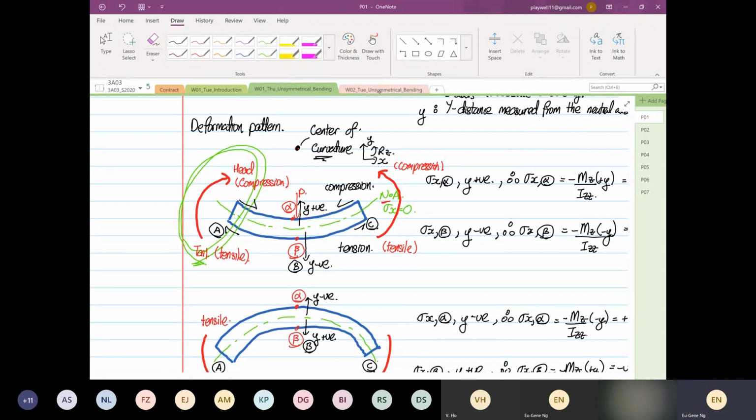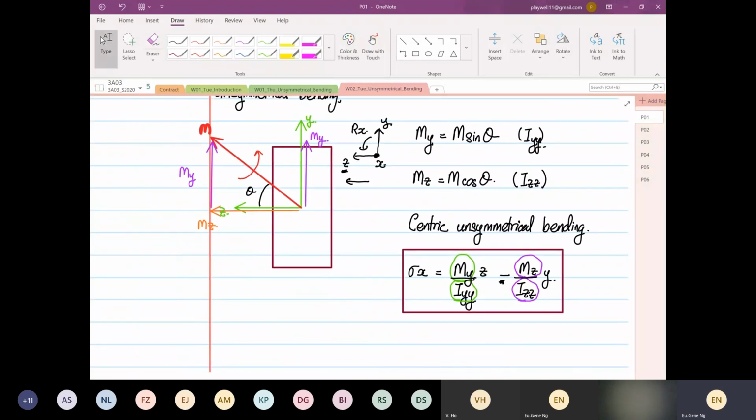So you use your right hand rule now. Let's focus on MZ. So right hand rule, MZ, when you grip the arrow, you will grip it this way, right? You use your right hand, you hold on to it, you grip it that way.